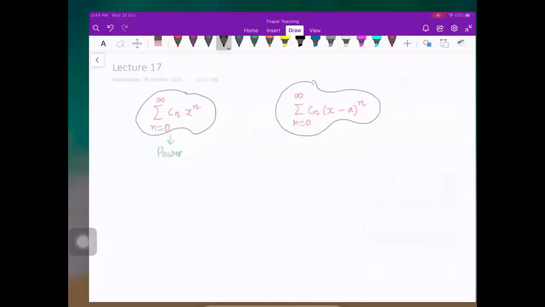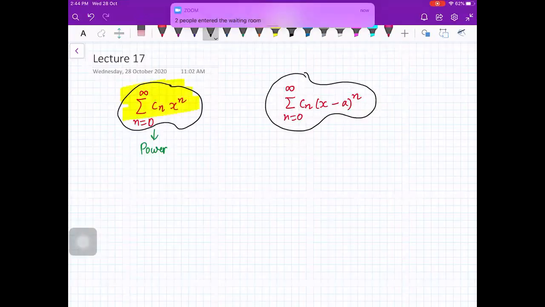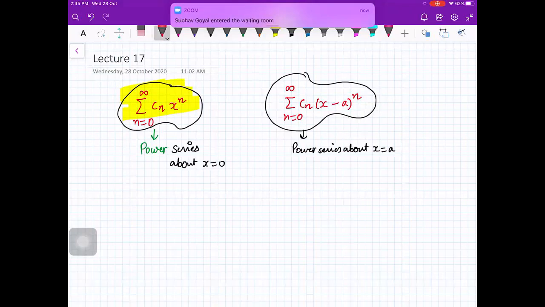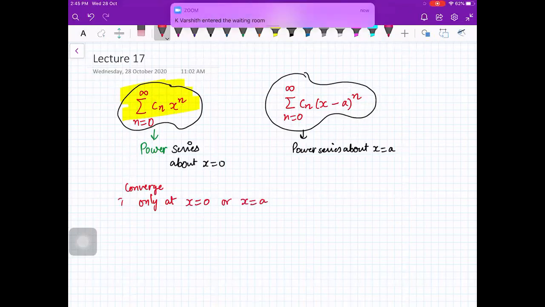The first one is called power series about x is equal to 0, and this is called power series about x is equal to a. And we saw that these series generally converge only at x is equal to 0, or x is equal to a. This was the first point.